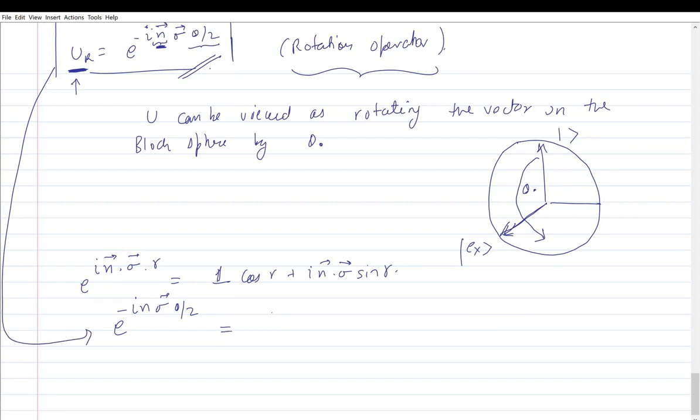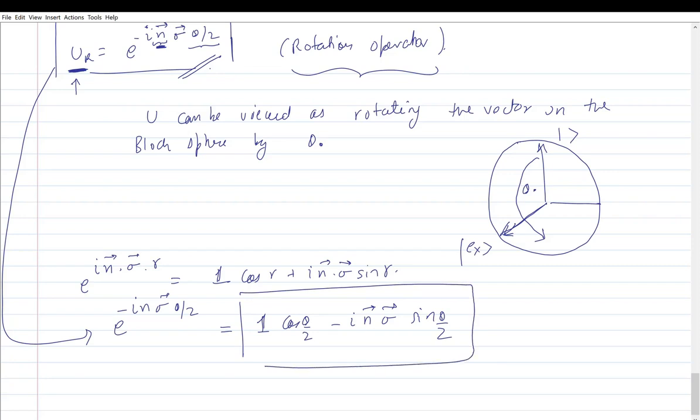Now gamma is theta by 2. That's going to give me, in fact, you can multiply this guy to any vector, and the vector you're going to get is a vector which is going to be rotated on the Bloch sphere, I call it theta, by angle theta about axis given by n.